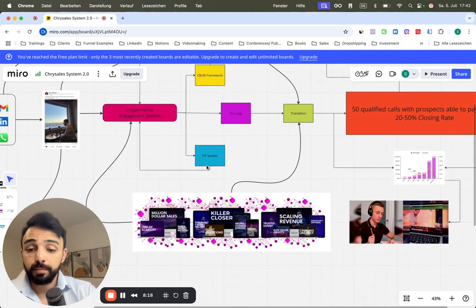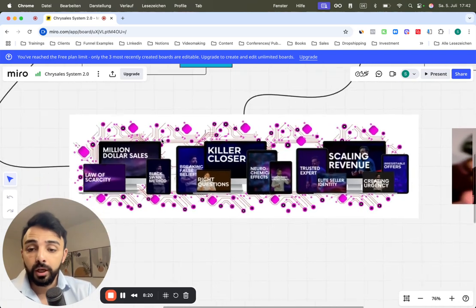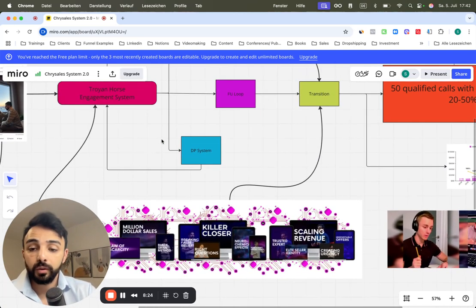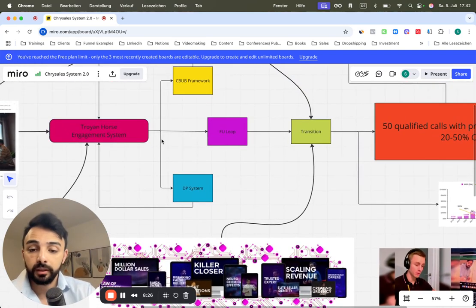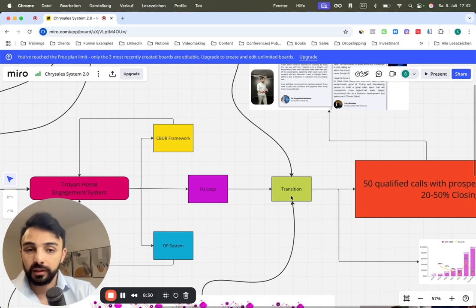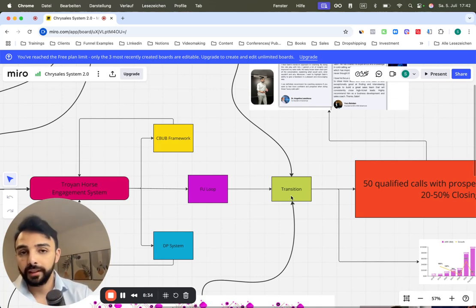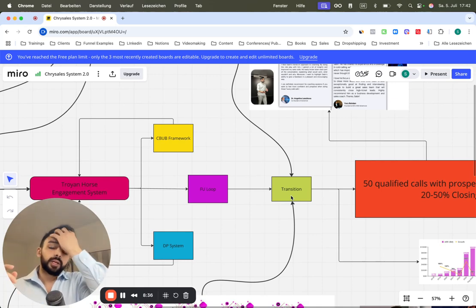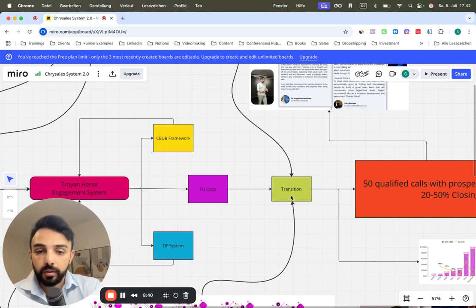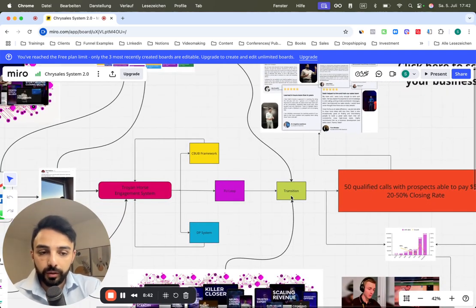In the transition part, it's very important that you look more at the closing side of things, like low scarcity and the Black Swans method, which you can use more like a pitch itself. The transition is how you solve their problem, which comes after doing your discovery, and you explain the solution itself, which leads to the closing later.